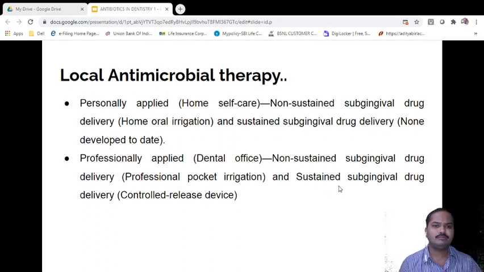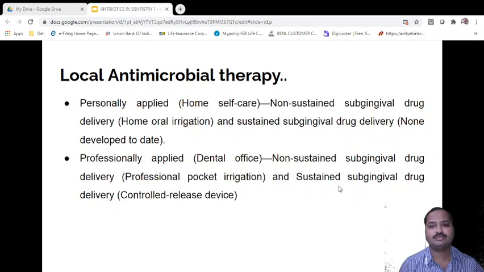The home self-care or personally applied regime has non-sustained subgingival drug delivery, which may include oral irrigation by the person itself, and the sustained type, which will have the subgingival drug delivery system. Actually, no such system has been developed which is very much sustained in the sulcus or which has too much prolonged effect.